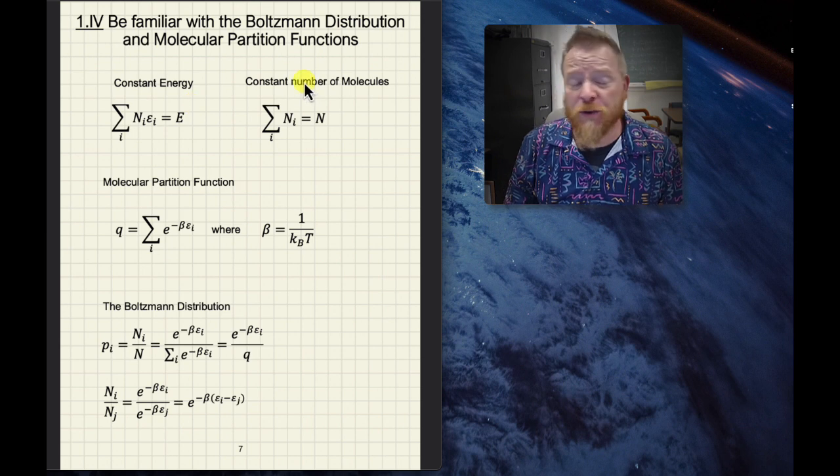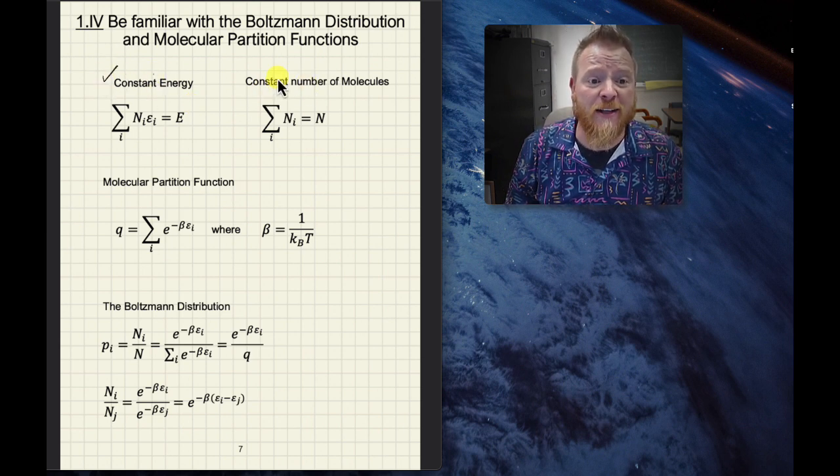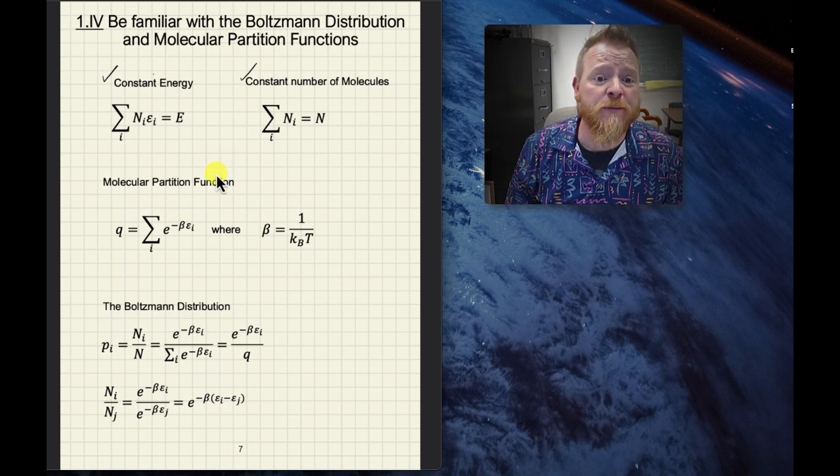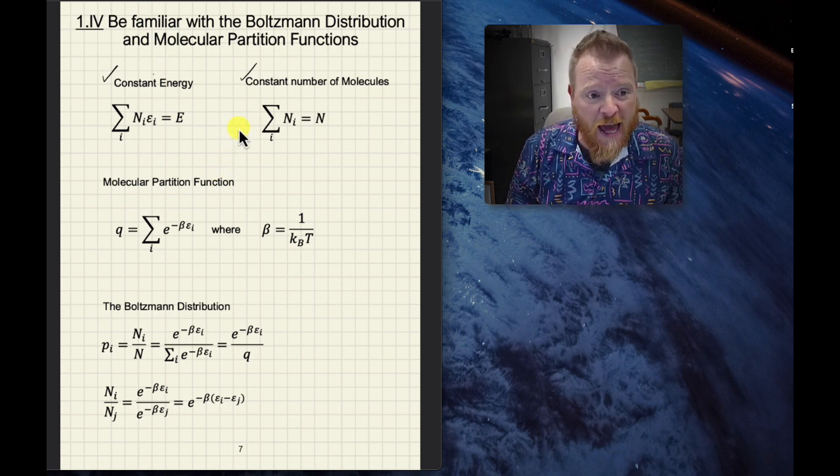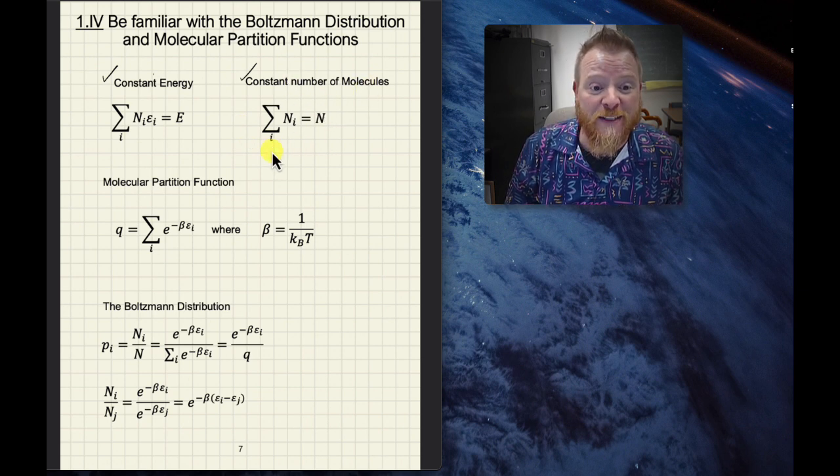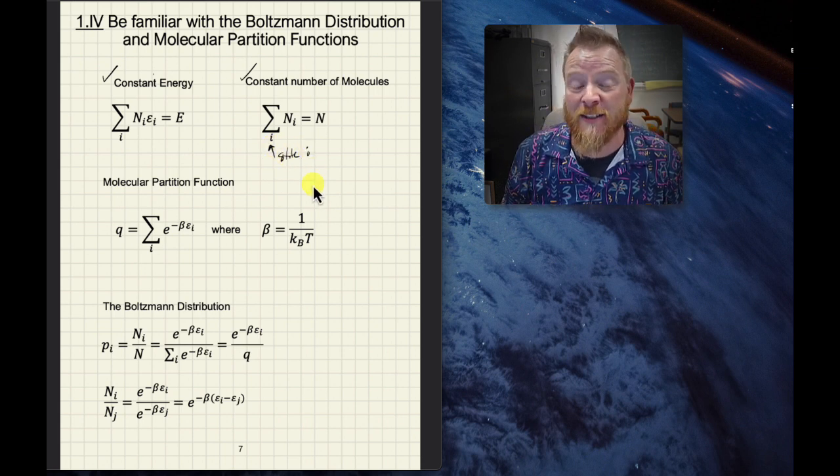So we're going to start with two constraints, that we have a constant energy and a constant number of molecules. The way that we can express that in these mathematical equations is the following. For constant number of molecules, we can say i corresponds to state i, so that could be the ground state, excited state, whatever.